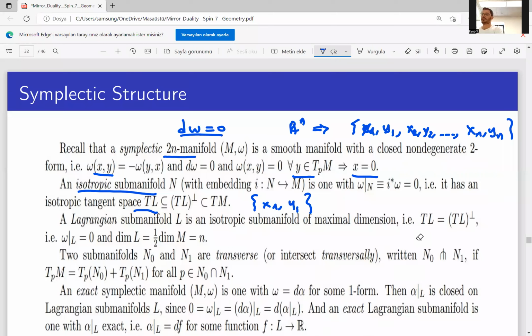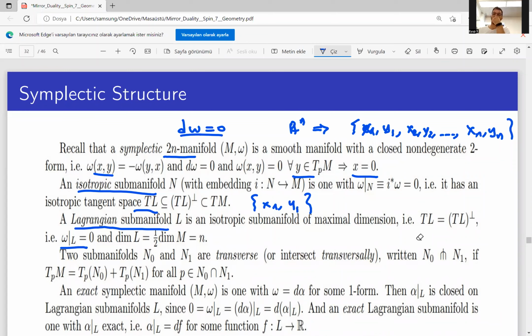And from here, we can say that the isotropic submanifold, but the Lagrangian submanifold is, don't confuse it with the special Lagrangian, okay? So we are just looking at the special Lagrangian defined on the Calabi-Yau manifolds, but here the Lagrangian submanifold is, if you have a 2n-dimensional object, half of this dimension, the largest isotropic submanifold.